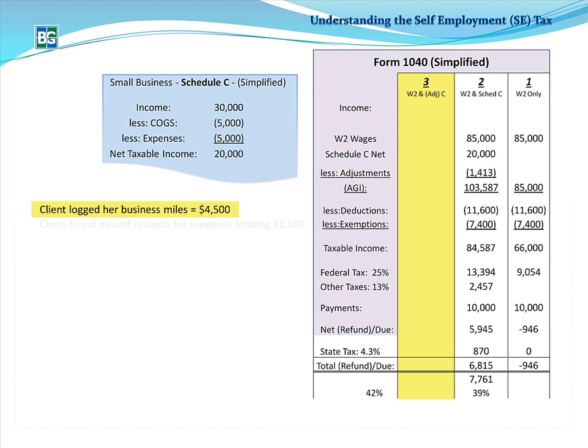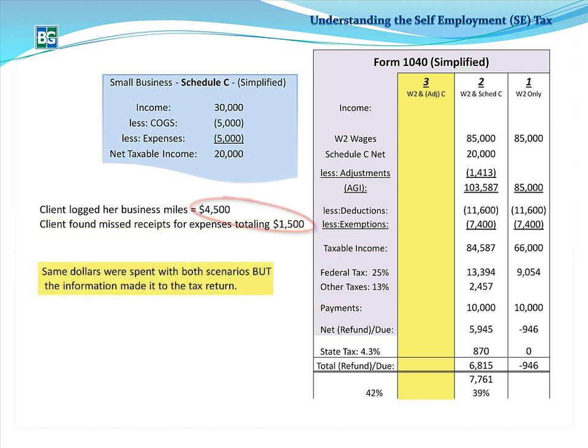The client also found several missed receipts totaling $1,500 in expenses. Please note, the same dollars were spent in both scenarios, but better record keeping led to the expense on the tax return. This extra $6,000 reduced taxable income to $14,000.